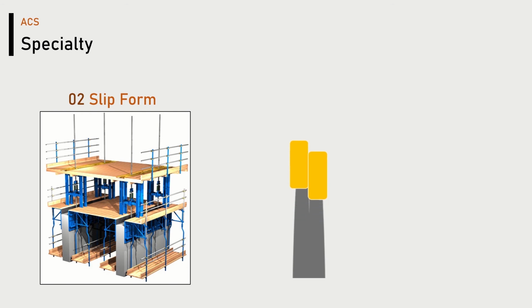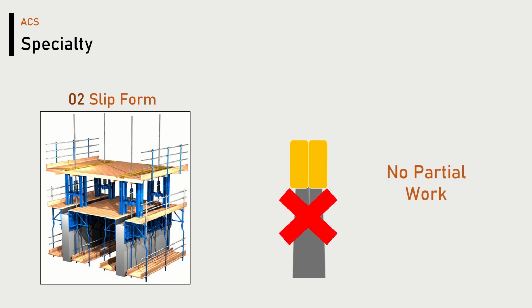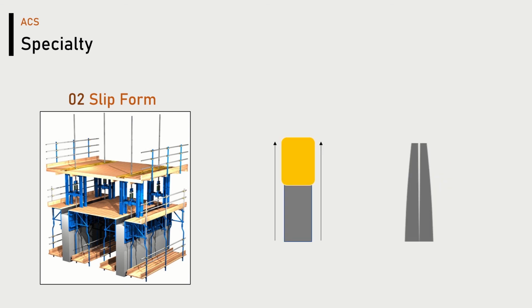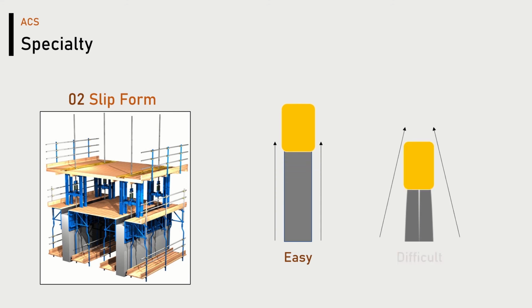However, the slip form cannot be divided into sections. Construction is difficult when the core wall shape is changed and the construction period is delayed.